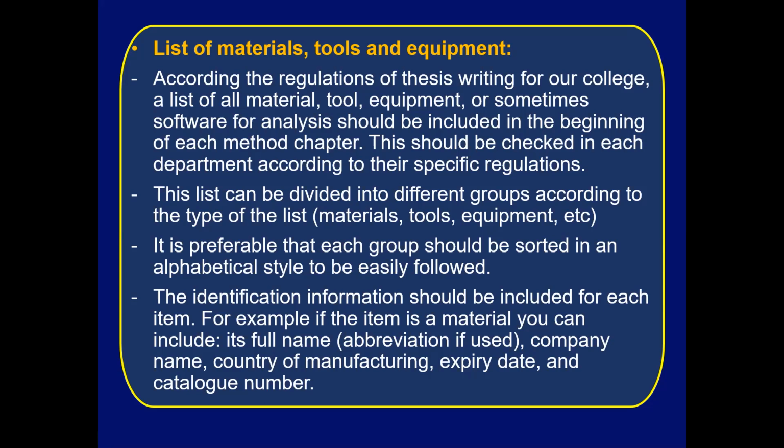For example, if the item is a material, you could include the full name of that material, an abbreviation at the beginning may be used, the company name, the country of manufacturing, the expiry date, and the catalog number or the serial number. All of them should be clearly mentioned, written as a part of your methodology, and clearly explained and clarified to the reader.